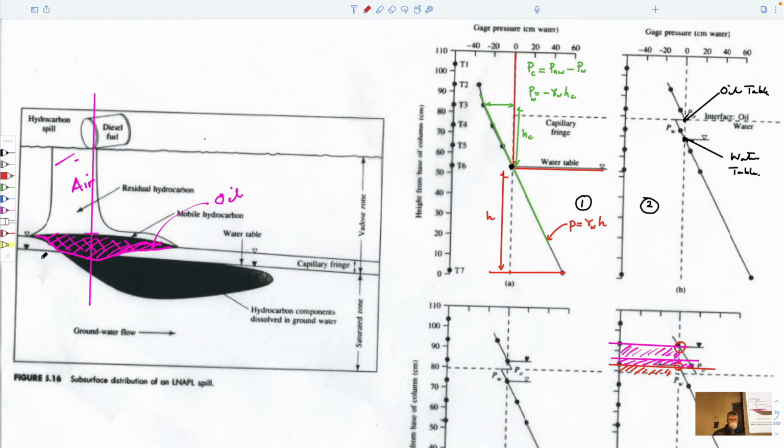And I guess I've drawn water as red. So the groundwater saturated zone would do this. It would be an interface here. And herein lies the interest in that the contact between the oil and the water across this interface, this is a dissolved plume.